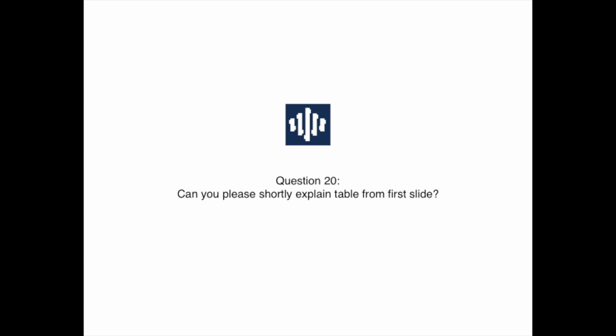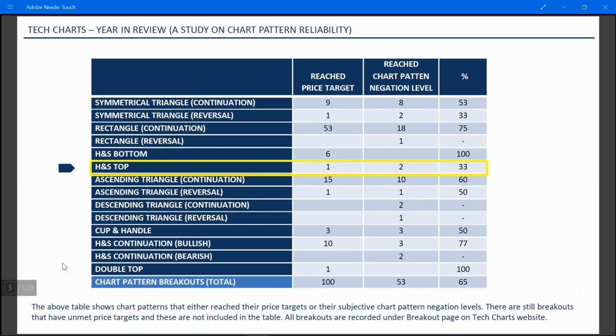Okay, question 20. Can you please shortly explain the table from the first slide? Okay, let's go to, I think it was the second. Yeah, all right. So what I have done is, over the past year, we have discussed so many chart pattern opportunities, chart patterns setting up.